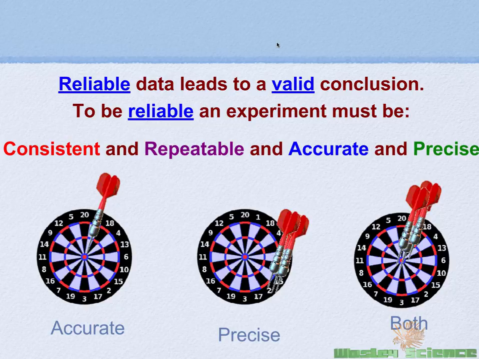If you throw 3 darts and you hit 2 every single time, you're not very accurate because you were going for bullseye, but you were precise because you hit 2 every time. And if you hit bullseye 3 times in a row, guess what? You're accurate and you're precise, which makes you a reliable dart thrower.